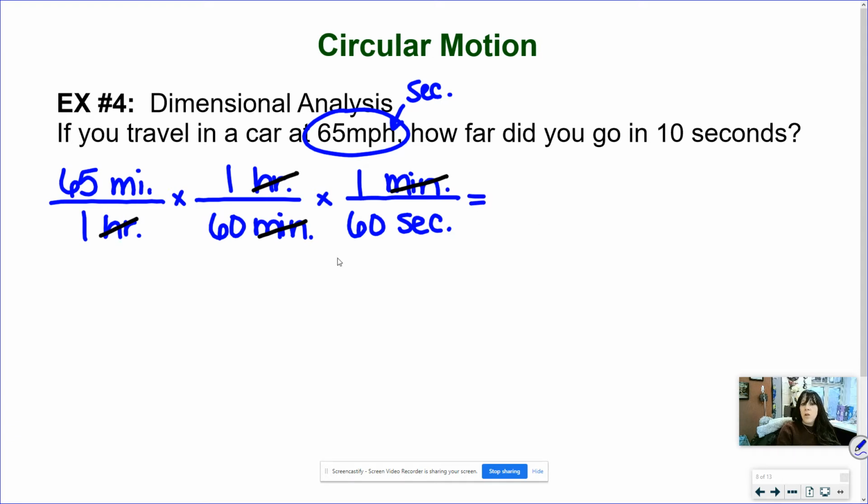And if you look at whatever the units of measure that are not canceled, you are left with miles on the top and seconds on the bottom. And that is what we want because we want to be able to relate the 10-second measurement to this problem.